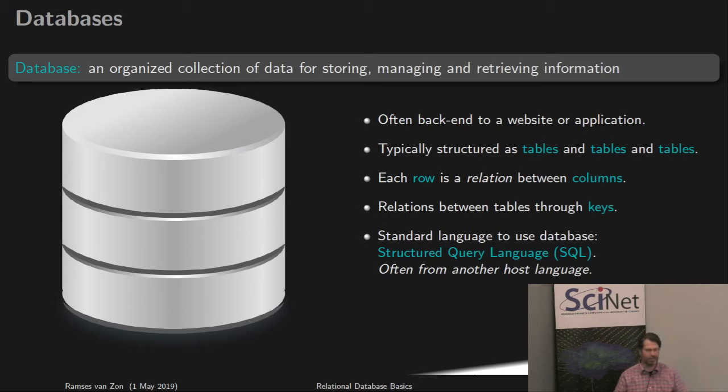It's something else. But the idea is that when you have a table, you have rows and columns, and you could think of every row as a set of column values. So every row is a relation between the values in those columns. That's actually why it's called a relational database. Even a single table is already a relation between data, namely the data in each of the columns of a row.